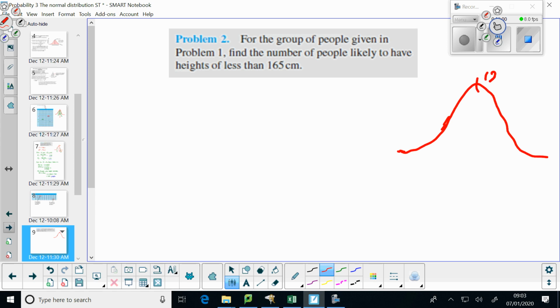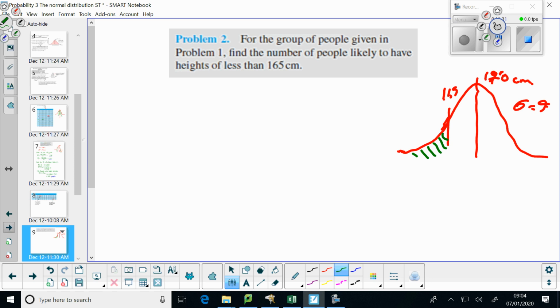This is 170 centimeters. Standard deviation is still 9. Remember? Okay. But what we're saying here is there's the middle. There's 165. We want the area in here to the left of that.